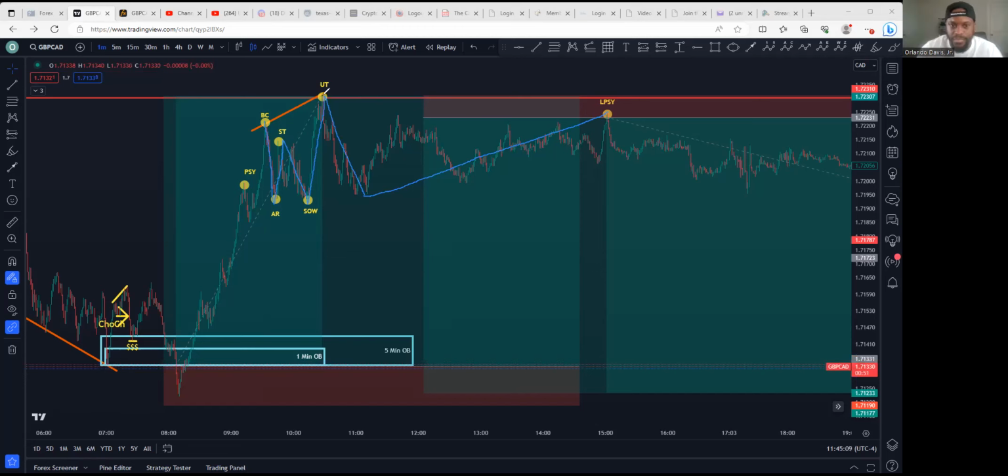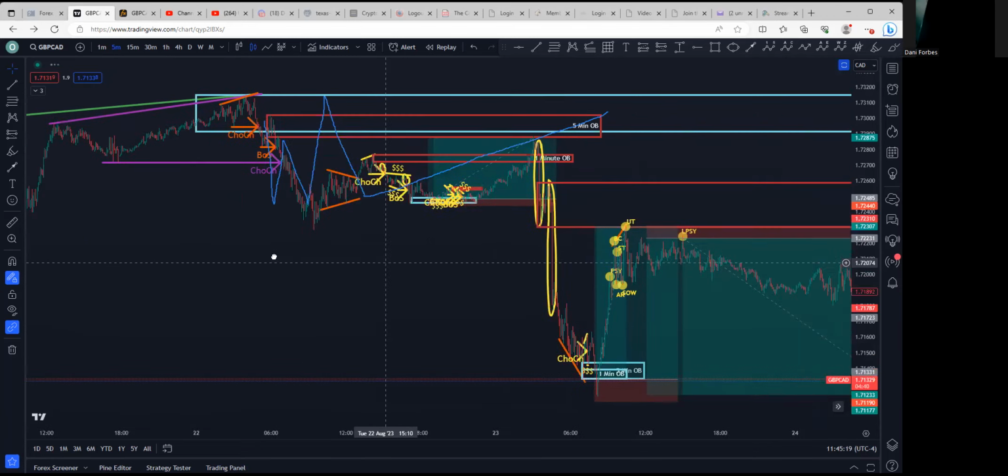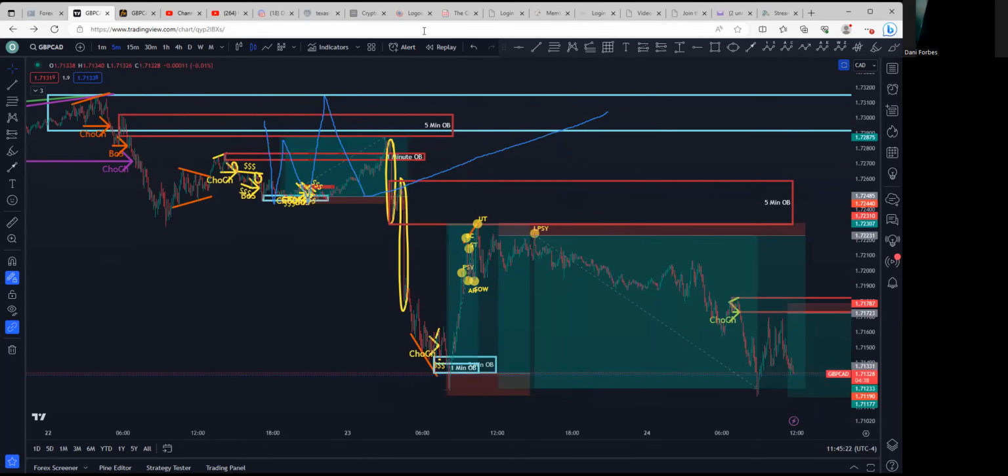So because this upthrust wasn't taken out, you assume this to be a distribution schematic number two. And then here's your sell to the downside.